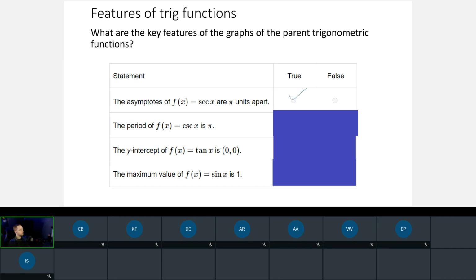False. That is wrong. It is true. Yep. And if you don't know it off the top of your head, you can always just graph. You can go back to the lessons and look in there because they're probably stated somewhere. Or you could just graph secant of x, for example, and see if your asymptotes occur every pi. And for secant, they do.